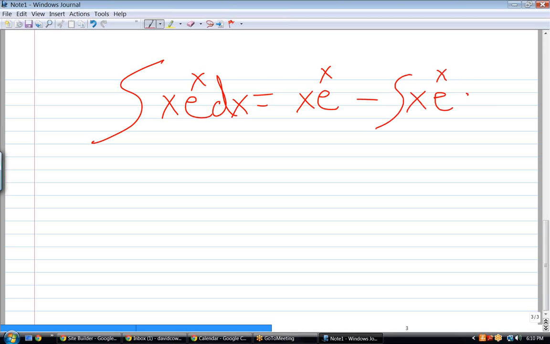There are certain kinds of functions where after the first iteration you end up with something like this. Any idea what you would do at this point here?